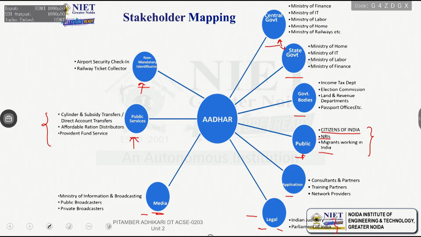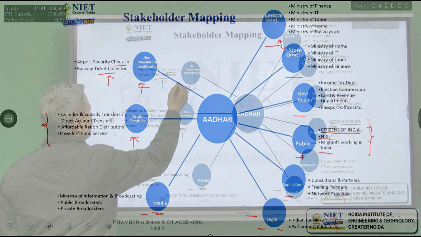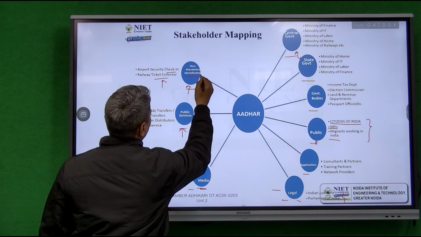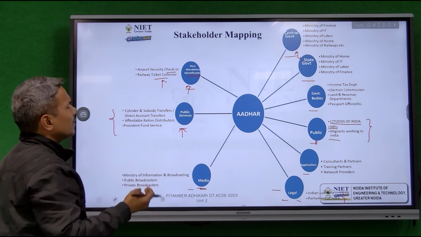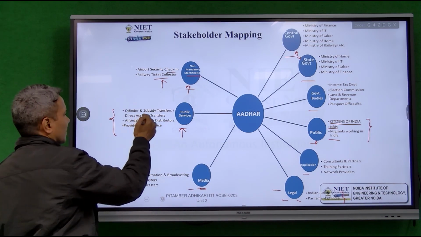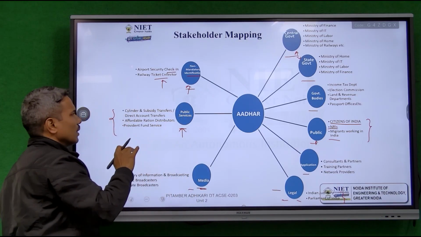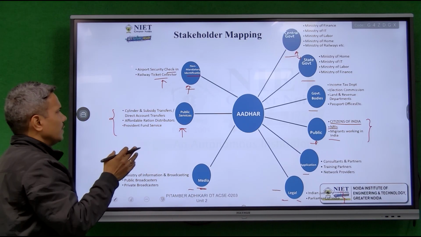We can also show other identity documents, like passports, driving license, or voter card. That is why we call it non-mandatory identification. It is not necessary to use Aadhaar in this particular case, but we can use it if we have Aadhaar.